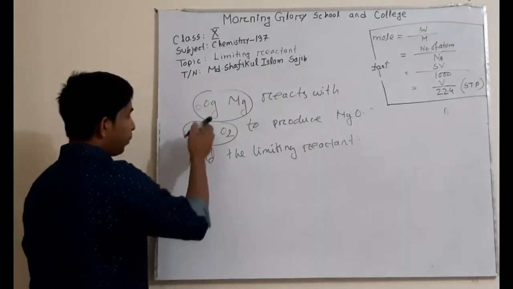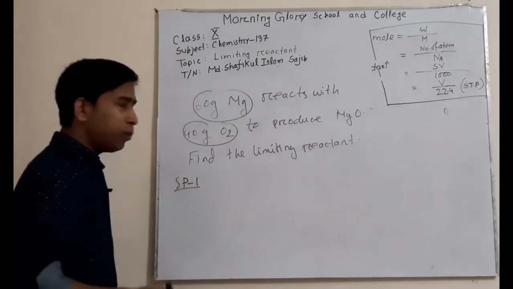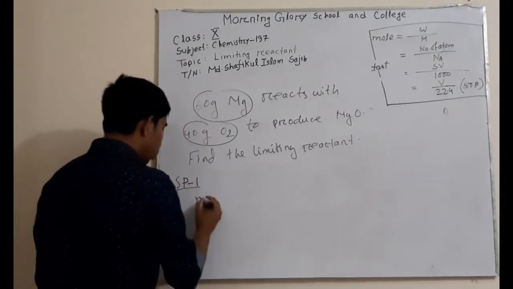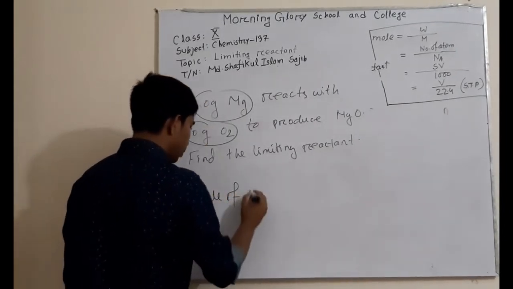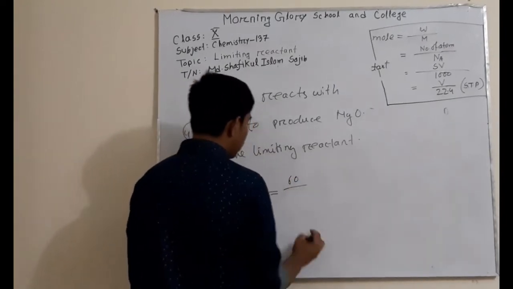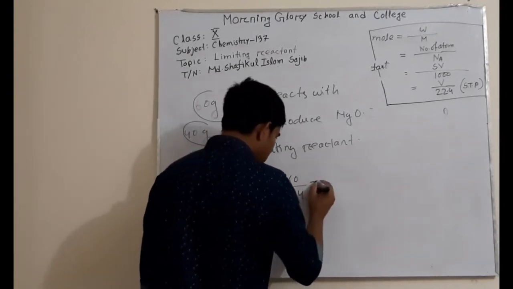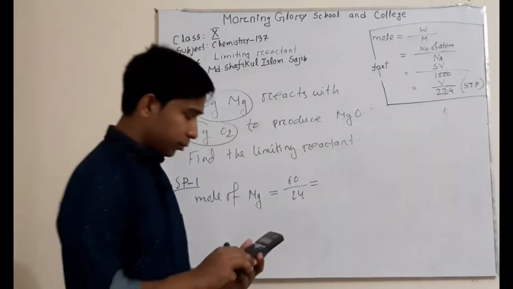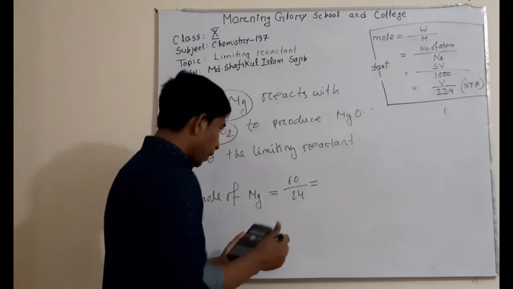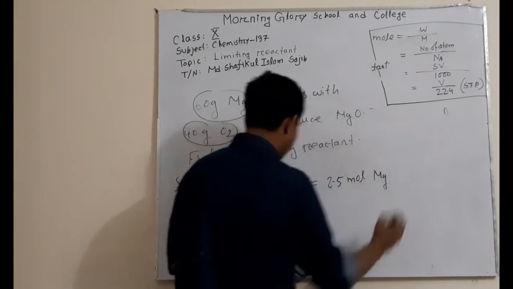That means at first step we will convert these quantities into mole. That means mole of magnesium equals our provided amount 60, atomic mass of magnesium 24. So 60 divided by 24, we will get here 2.5 mole magnesium.